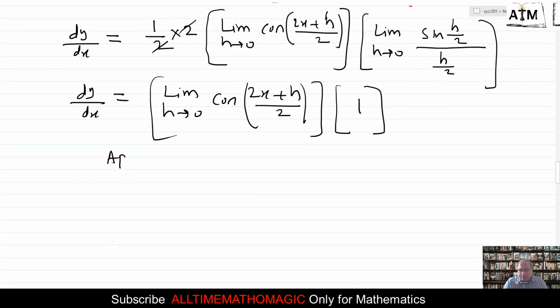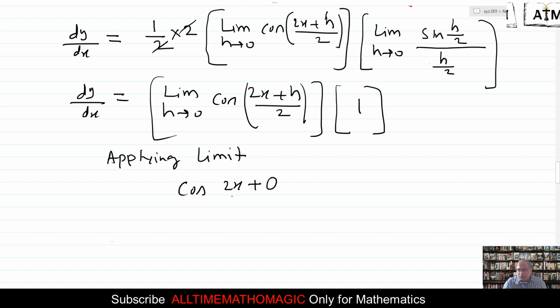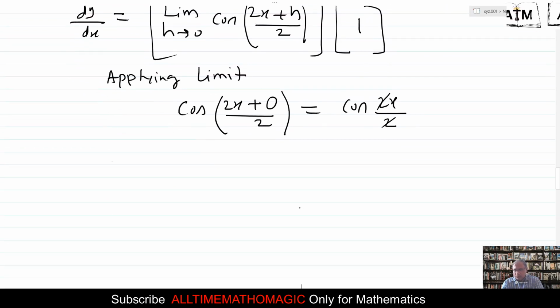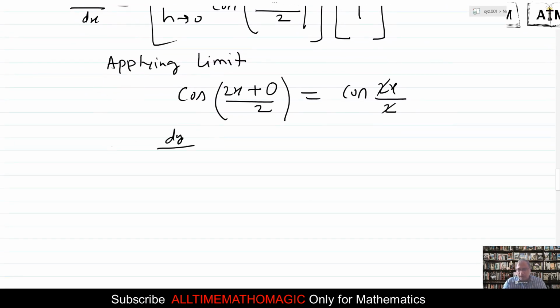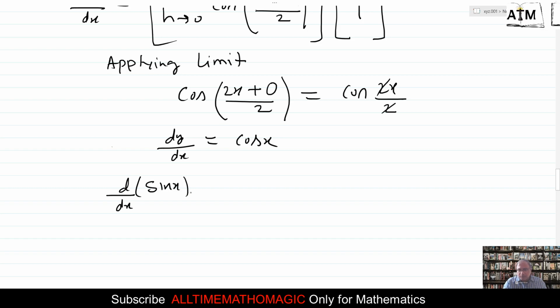Now applying the limit to the remaining part, cos of (2x plus 0) upon 2 equals cos 2x upon 2, and the 2s get cancelled. Therefore dy by dx equals cos x. How to write it? Differentiation of sin x with respect to x equals cos x.